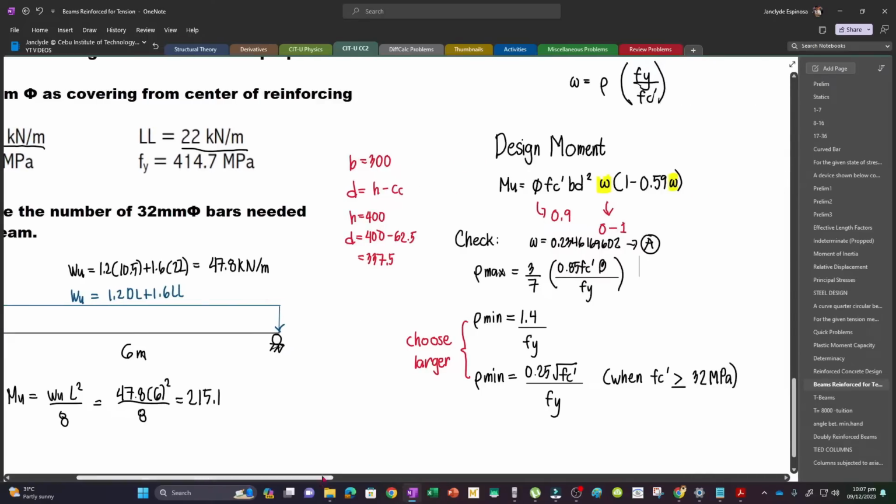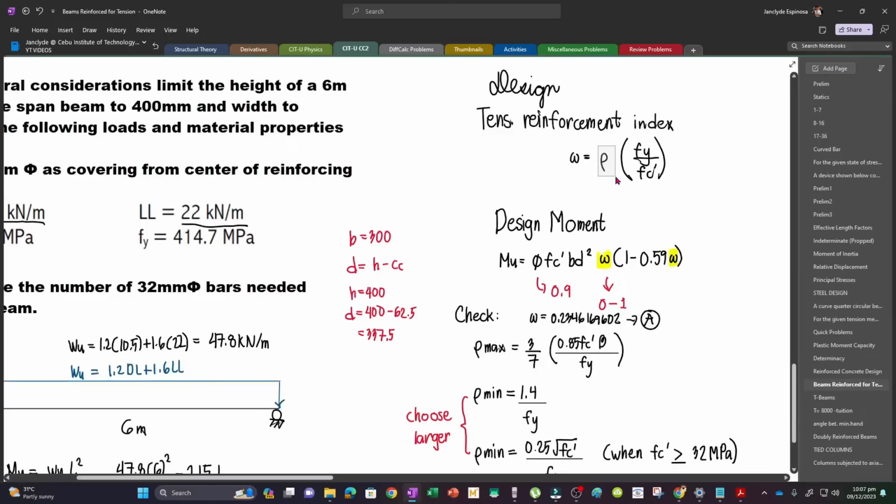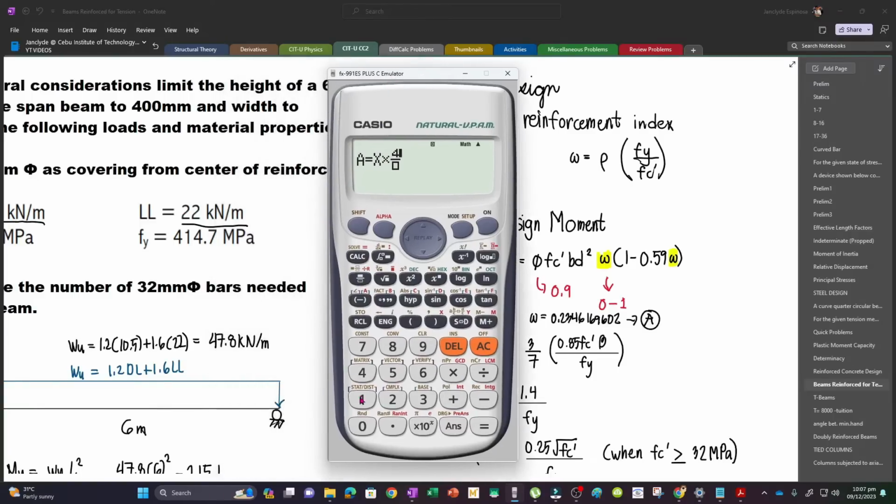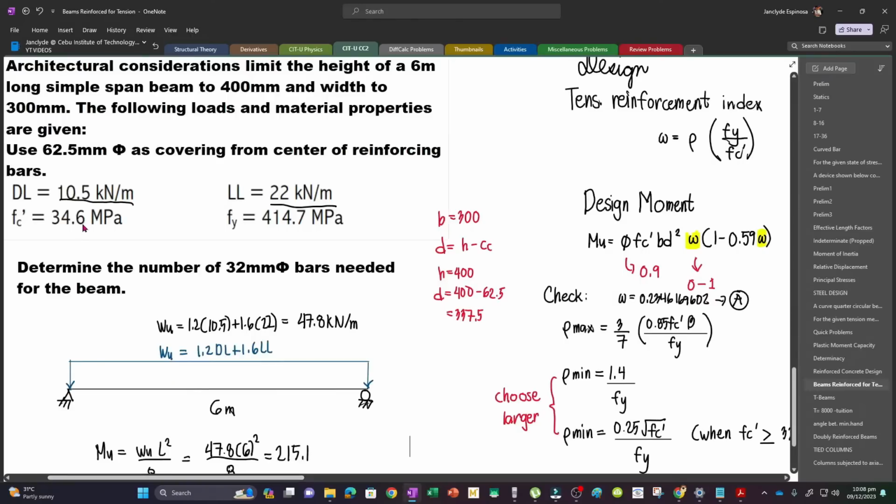Now once makuha na ang tension reinforcement index, we can get rho, because ang rho makuha raman na sa kani nga equation. So this is our tension reinforcement index, and that's equal to rho times fy over fc'. So our fy is 414.7 divided by fc' which is 34.6.